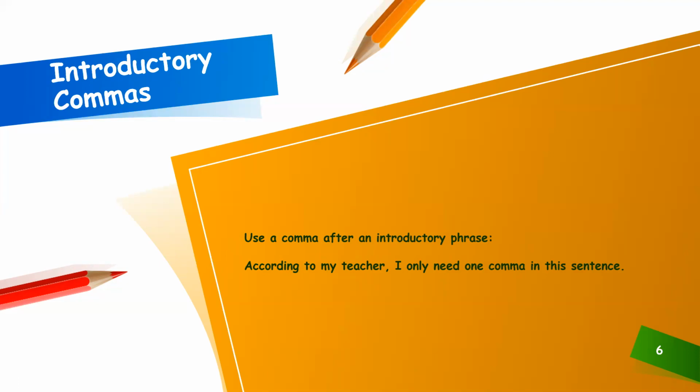In this case, according to my teacher, I only need one comma in this sentence. Just like with the interrupting phrase, an introductory phrase can be completely cut from the sentence and the sentence still makes sense. So if we were to delete, according to my teacher, we have, I only need one comma in this sentence, which is a good sentence. That means that this is an introductory phrase and it needs a comma to separate it from the rest of the sentence. This one's pretty simple. Any questions about this one?